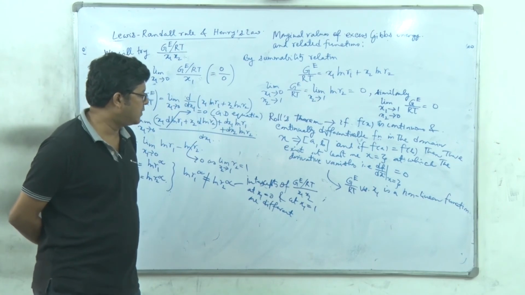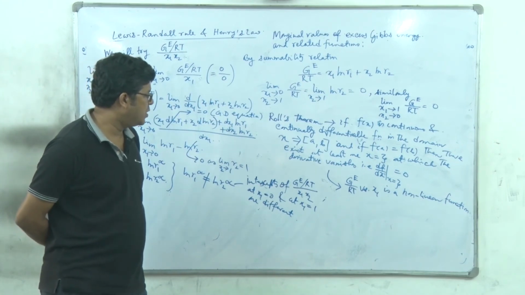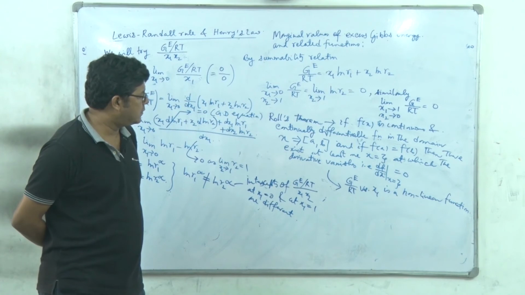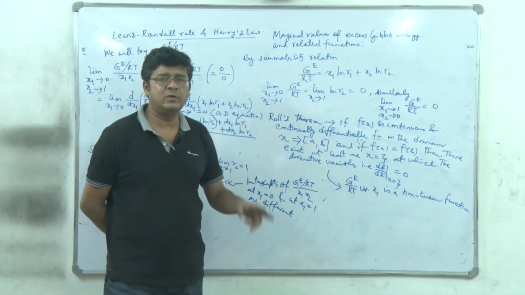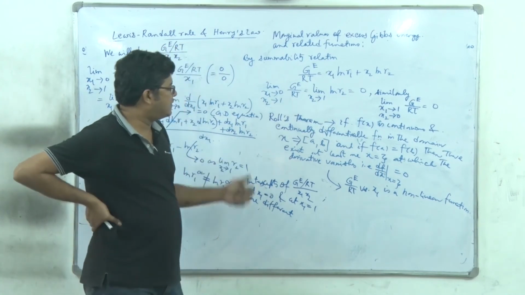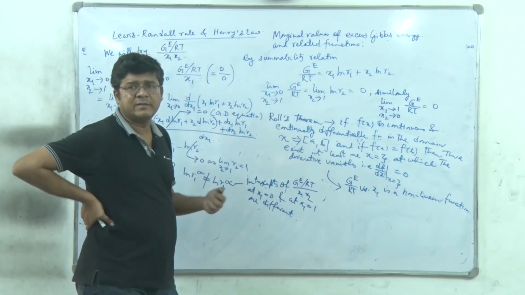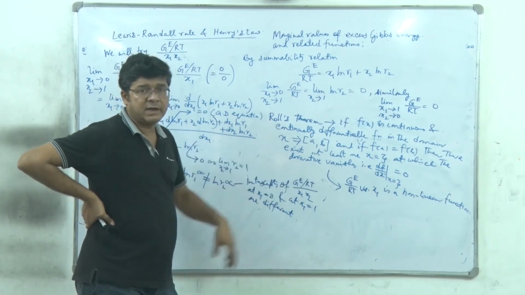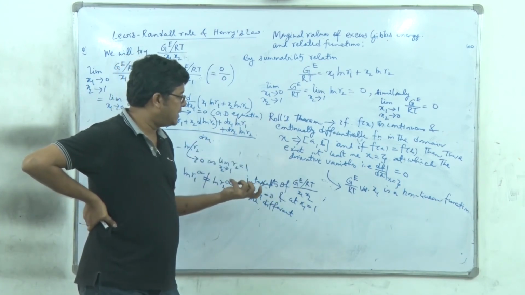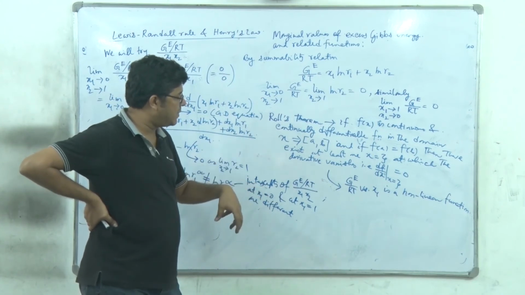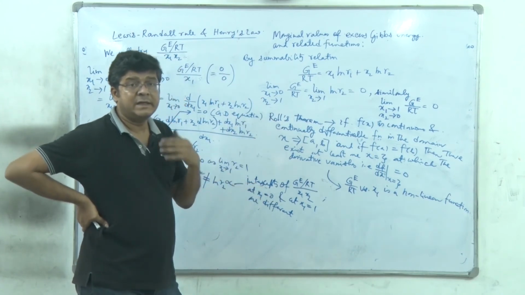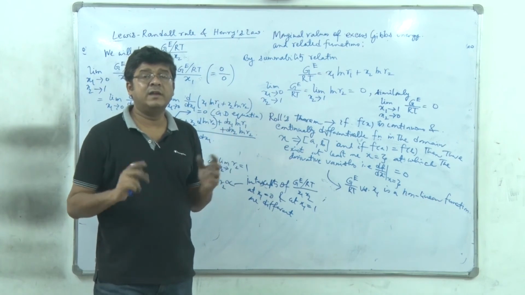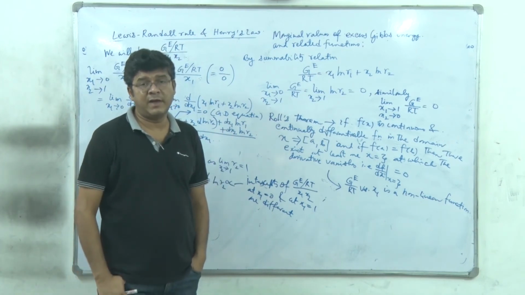Once you know the values of gamma 1 and gamma 2, then x1 ln gamma 1 plus x2 ln gamma 2 will finally give you G by RT. Having solved G by RT, then divided by x1 x2, if I plot it, we can check whether it will give you a linear profile or not.